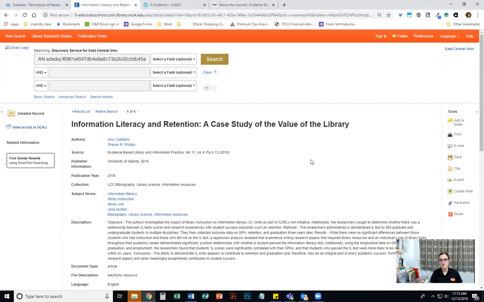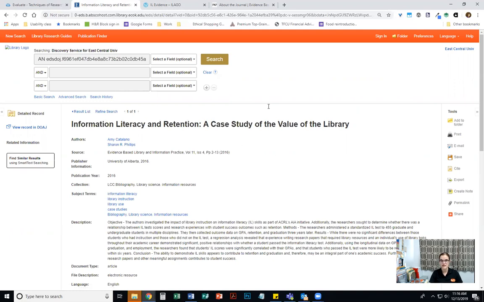This article will have a citation list, just like your article will in the end, and I can look up those other citations and find other articles on this topic. Now, what this article cannot do is prove that information literacy increases retention, and that is because it is only one study, and it is a study with a small population size.